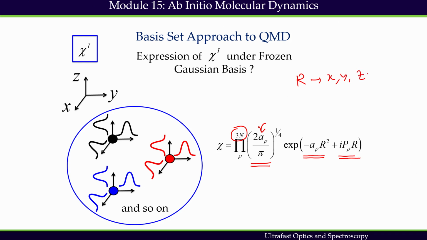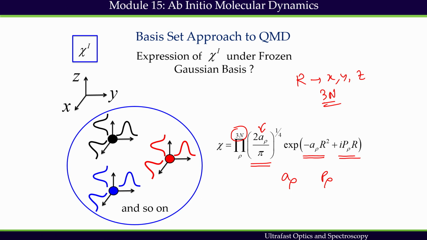representing either x, y or z component. So how many such r do we have? We have 3N such r, and r is representing the general variable along a particular direction. We note that a different width, that is a rho, and a different momentum has been assigned to each one-dimensional traveling Gaussian.